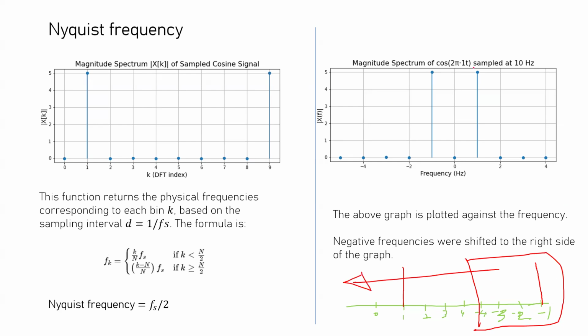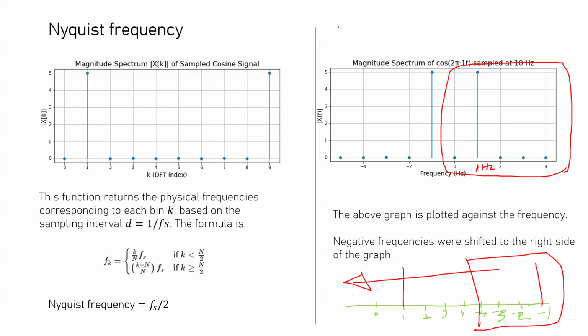So we are having this graph where we can use only this half of the spectrum to analyze the frequencies. We can use only the positive part of the frequency spectrum to analyze the frequencies. So you can see that there's a peak at 1 Hertz.